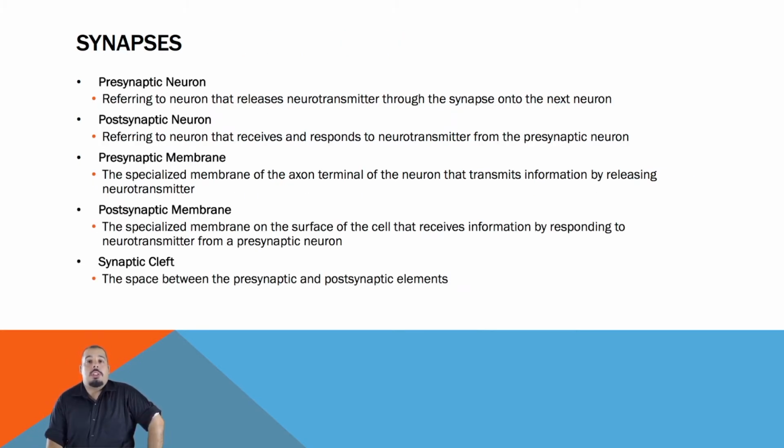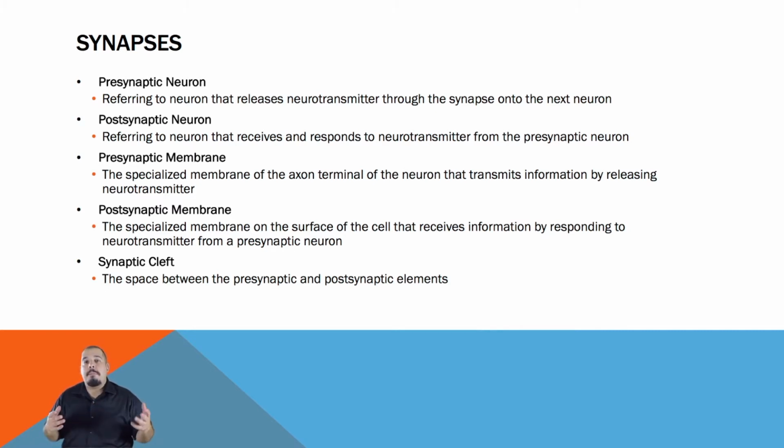Now let's work on some more vocabulary words that I will be using throughout the semester. The presynaptic neuron is the neuron that is sending the electrical message down the axon. The postsynaptic neuron is the neuron that is receiving the message from the presynaptic neuron.